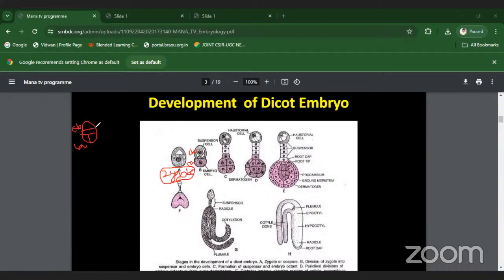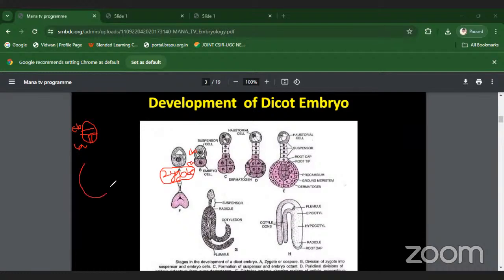As a result, another longitudinal division takes place in the CA. Here, another longitudinal division, and as a result the 1, 2, 3, 4 quadrant stage is formed. So this is called the tetrad. After formation of the tetrad, the transverse division takes place. Just simple, don't get confused here.